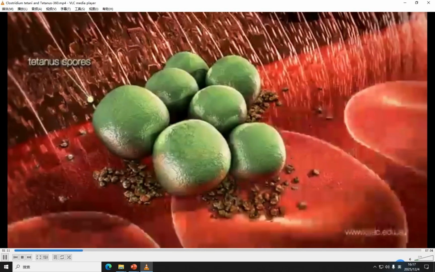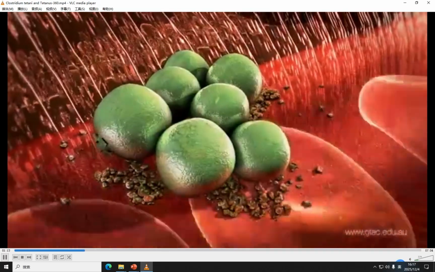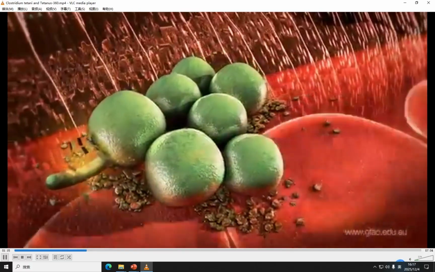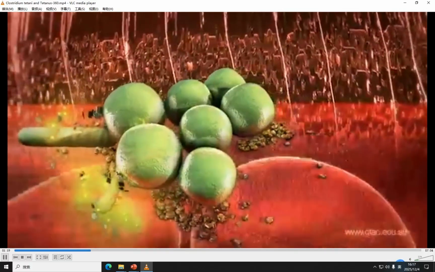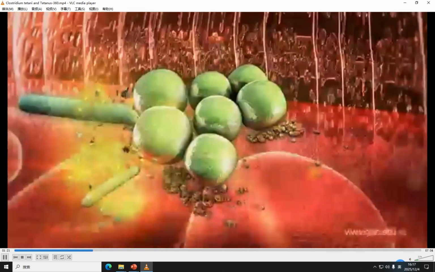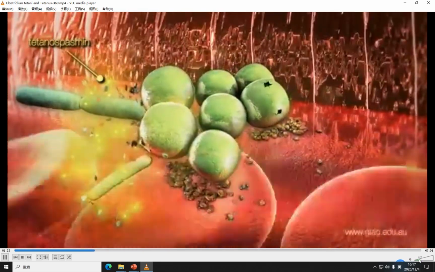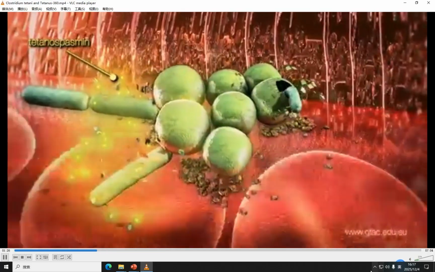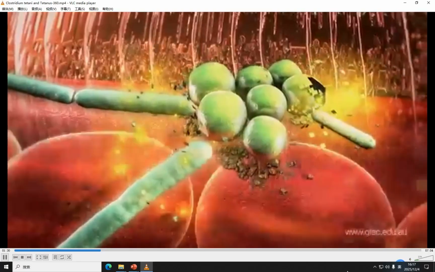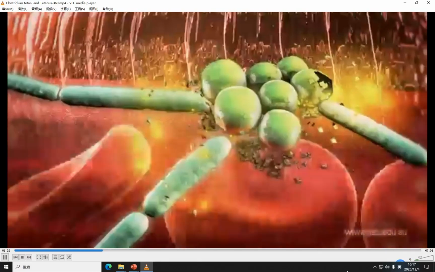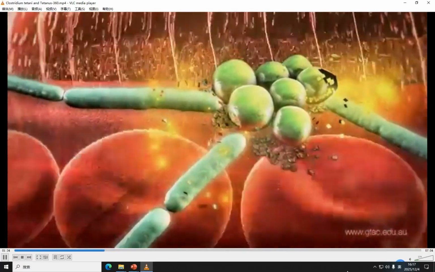Under conditions of low oxygen, as found in a deep puncture wound, the tetanus spores can germinate to produce living tetanus bacteria. The spores also release a toxin called tetanospasmin, which enters the bloodstream. Bacterial numbers increase as they grow and divide.